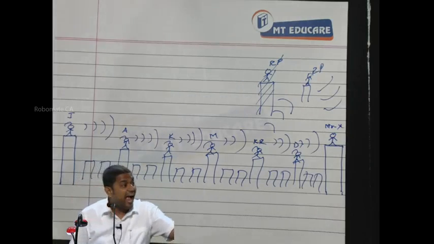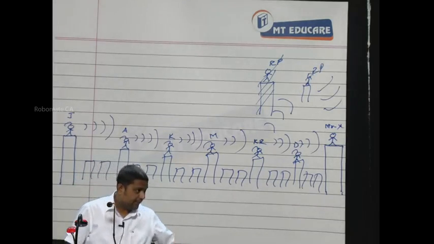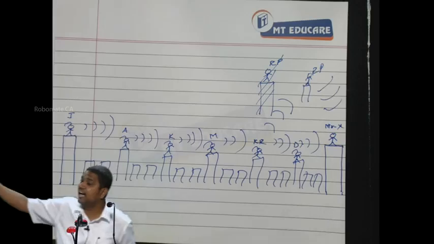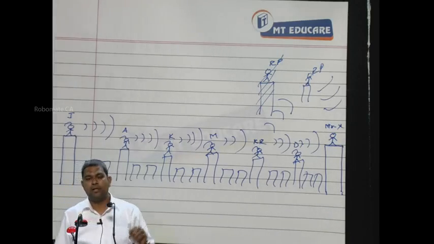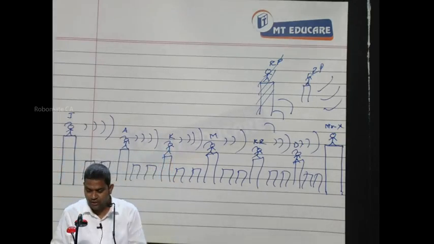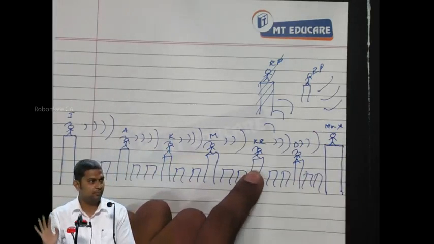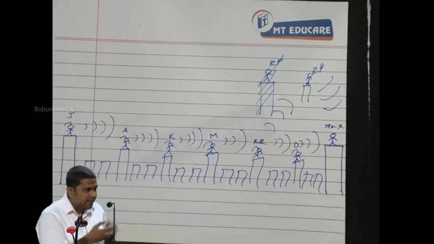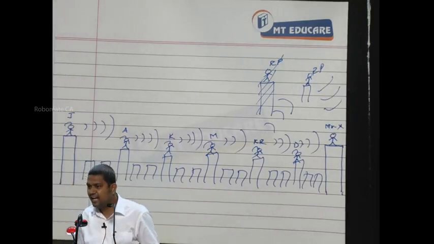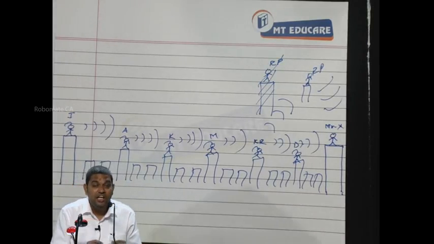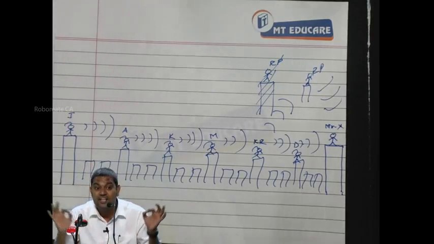An active hub accepts the data, amplifies it and sends it further. But apart from that, I am very sorry, Kiran is playing the role of the intelligent hub. So she is accepting the data, amplifying it and sending it further. But apart from amplification, she is also taking decisions.